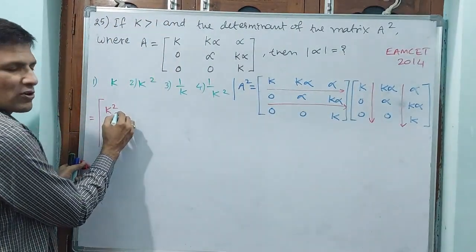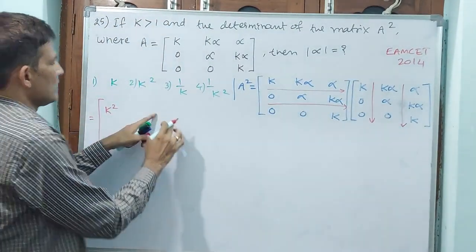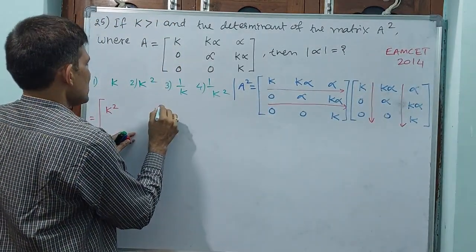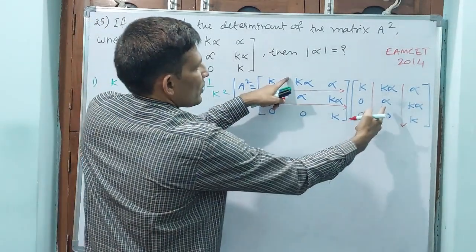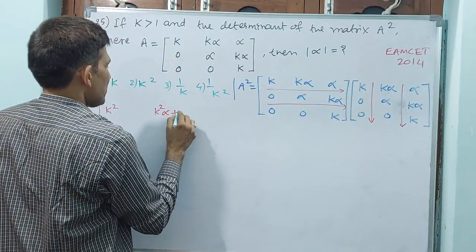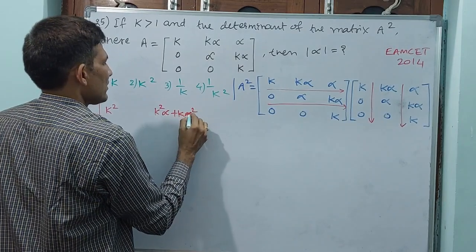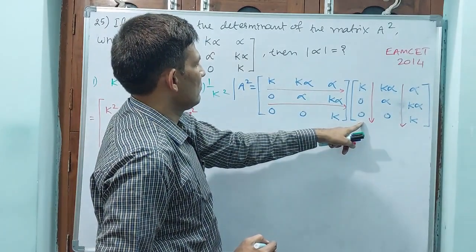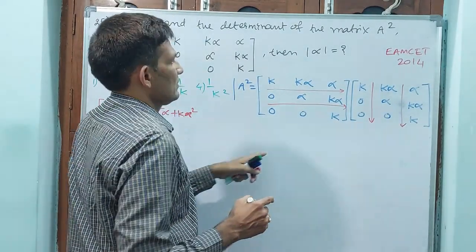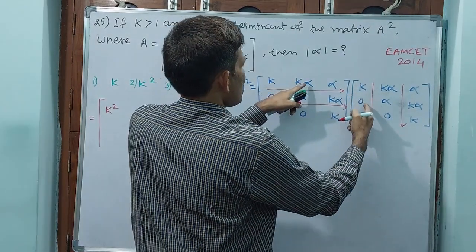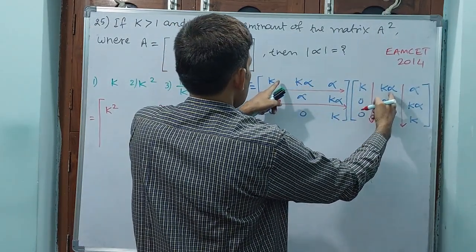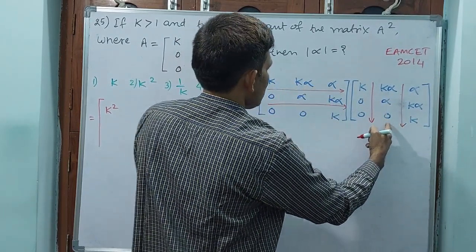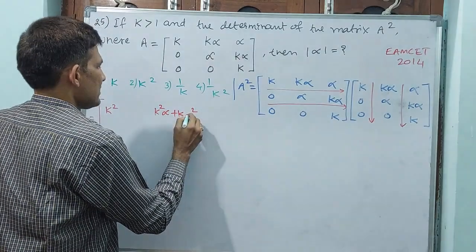Then K into K alpha, K square alpha, plus K alpha square, which is K alpha square plus K alpha square, plus 0. So the first row is K square, 0, 0. Then K square alpha, K alpha square, 0. I will write the alpha square properly.